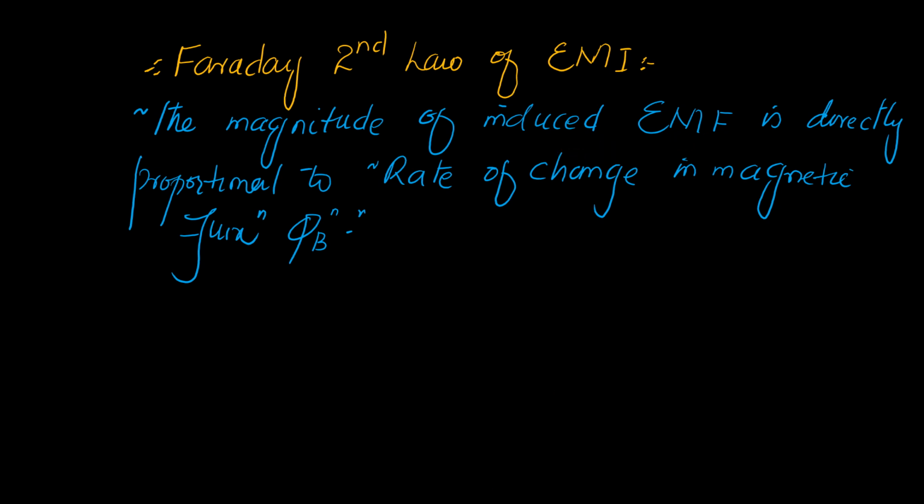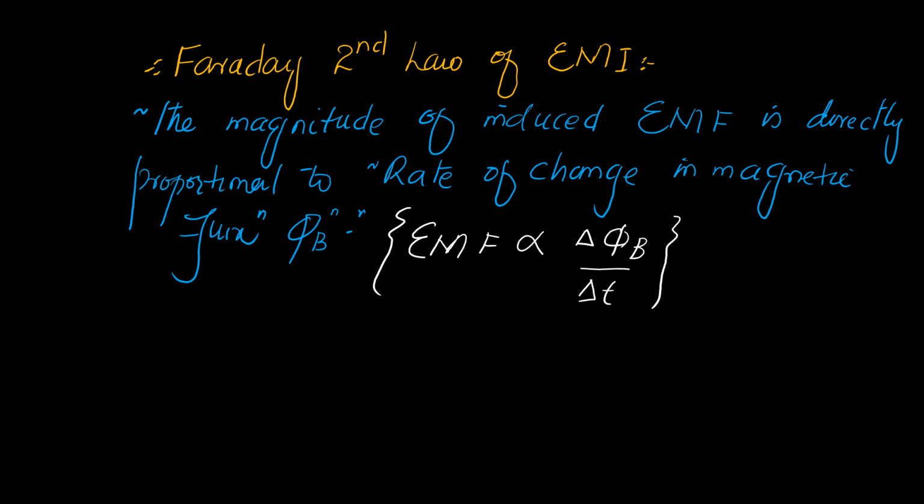So this means that an induced EMF is directly proportional to the rate of change of magnetic flux. The greater the change in magnetic flux, the greater the magnitude of induced EMF.